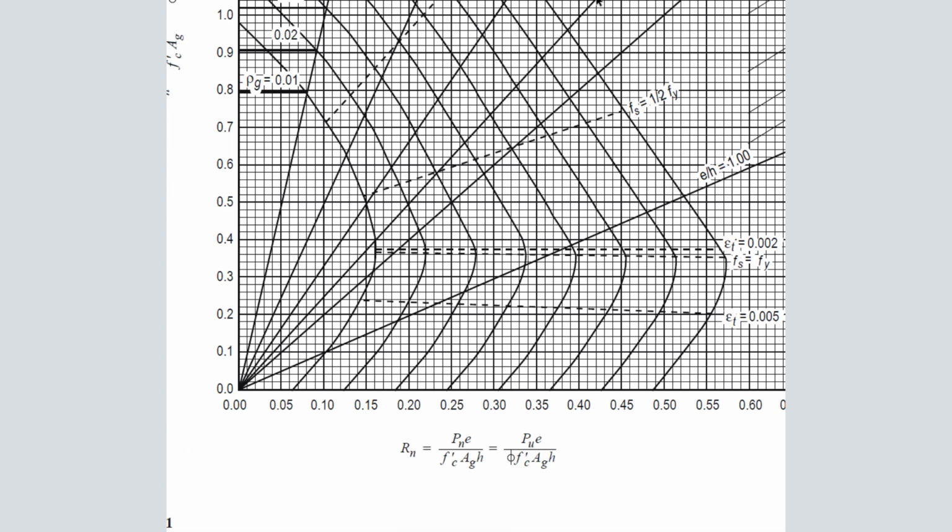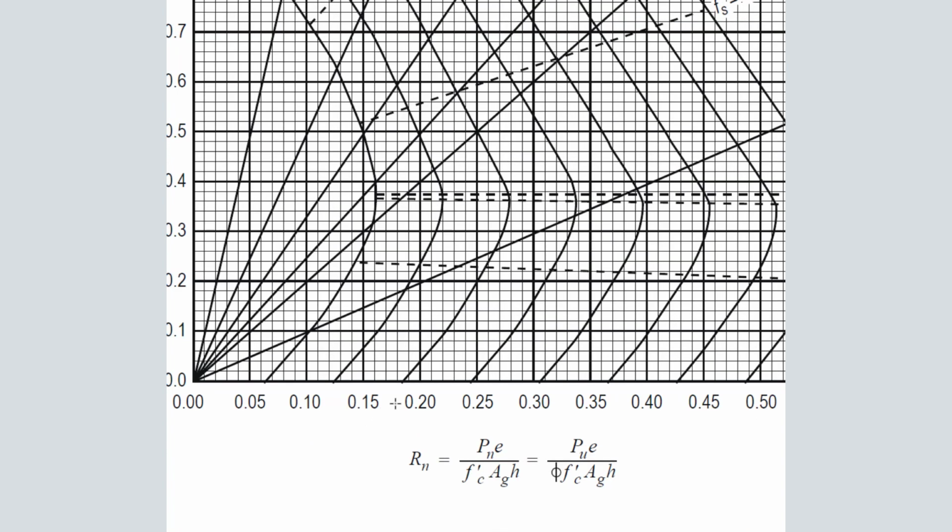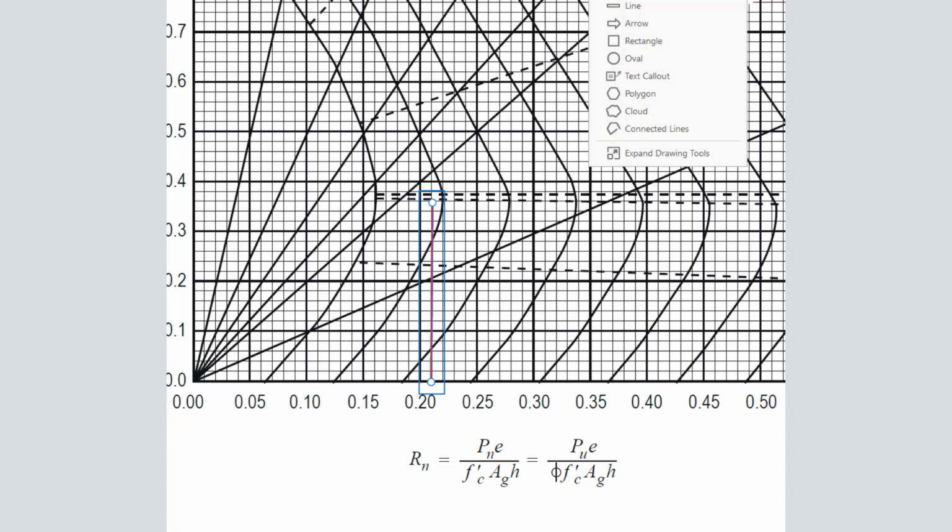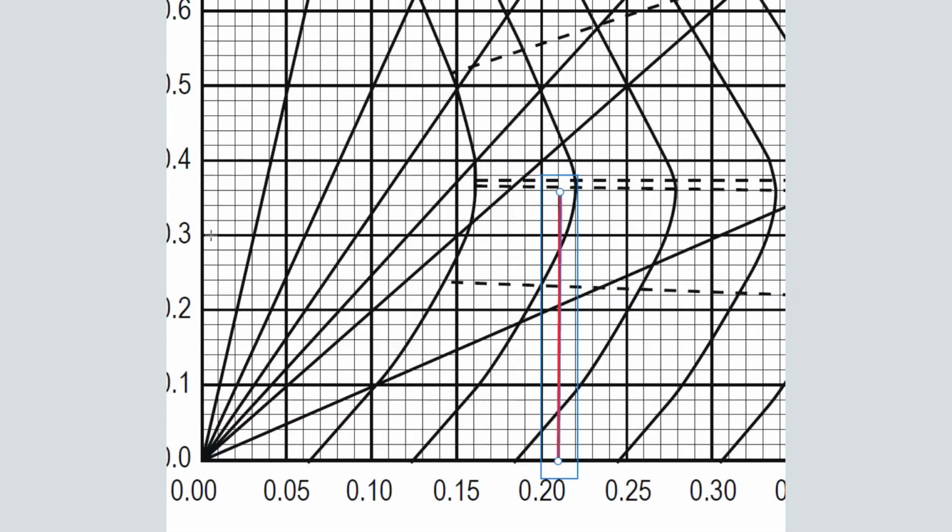Then we go up to K sub n of 0.312, which is very close to 0.31.